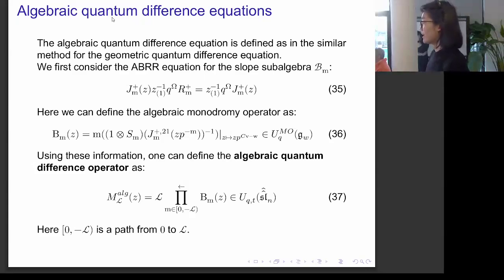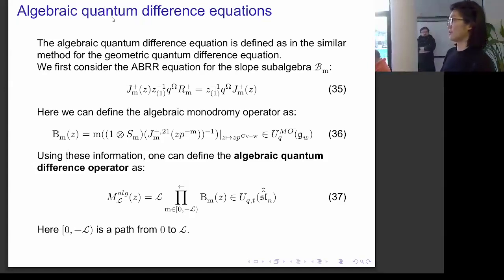Here 0 to minus L is the path from 0 to minus L. One thing you can observe is that this is the product of the slope points over this path, and the path has an infinite number of points.